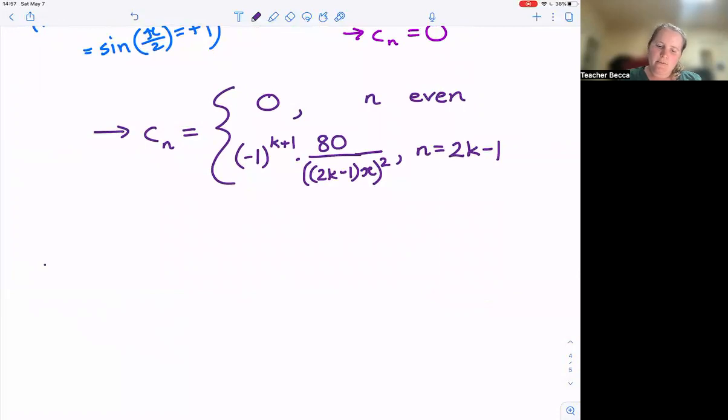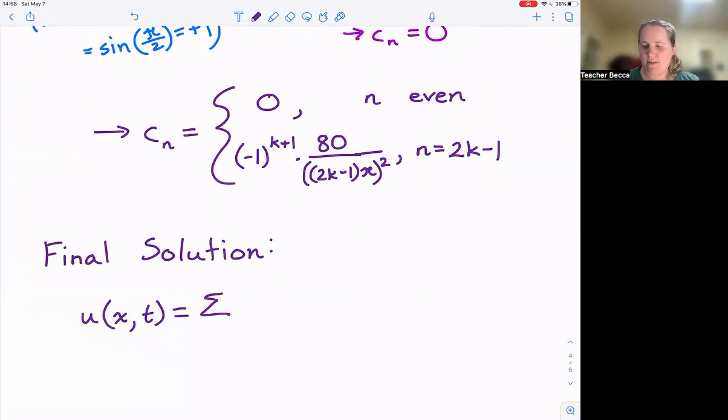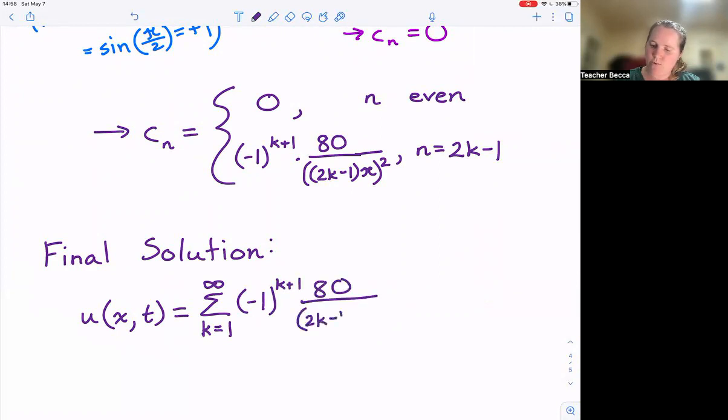So putting this all together, we wind up getting that our final solution would be that u of x,t is equal to the sum from, I'm going to go from k equals 1 to infinity, we will have c sub n, so negative 1 to the k plus 1 times 80 over 2k minus 1 times pi, that entire denominator squared, times e to the negative a n pi over L, where a was 4.